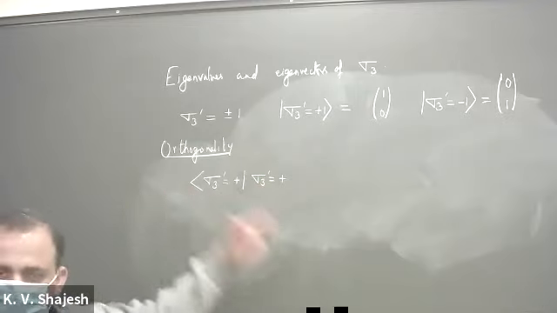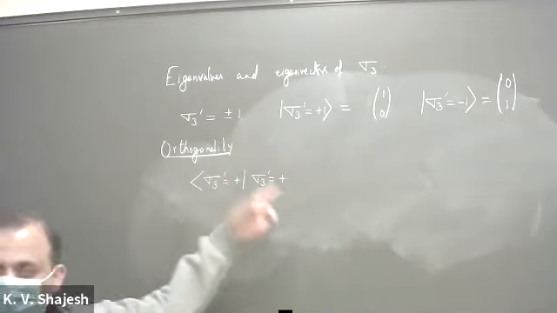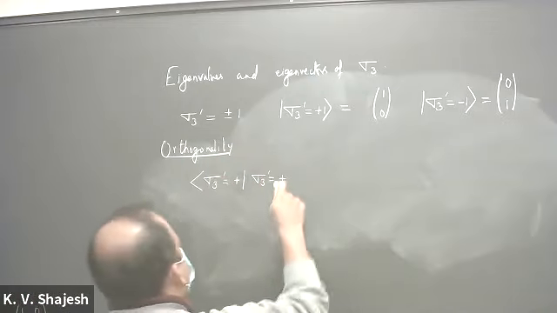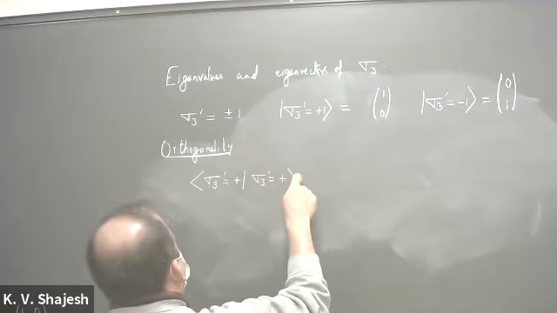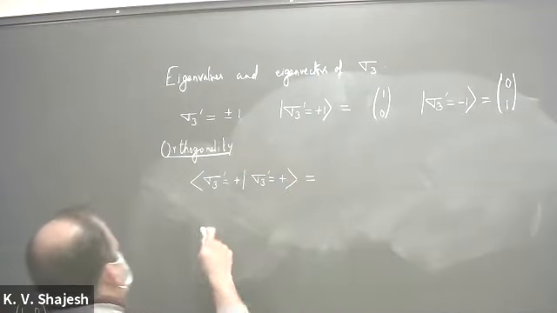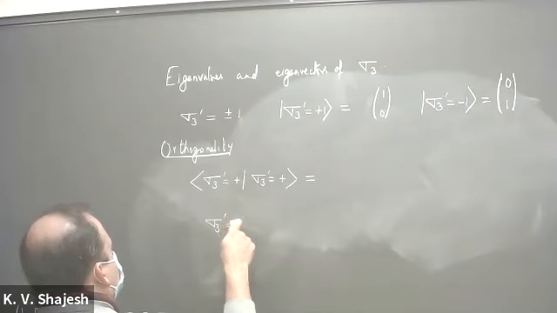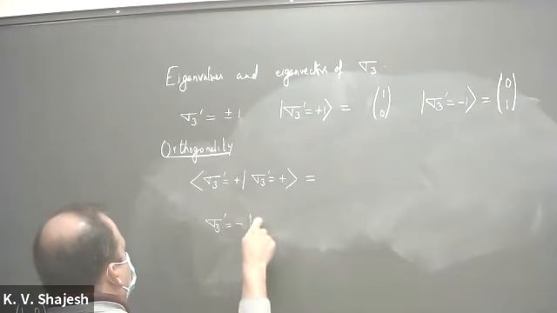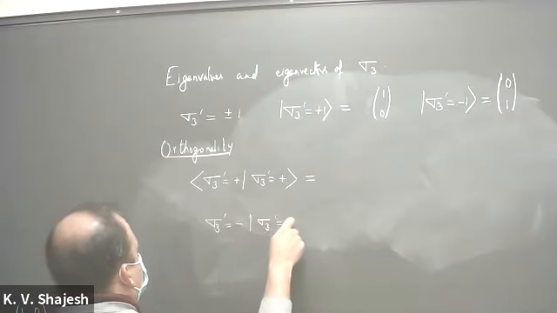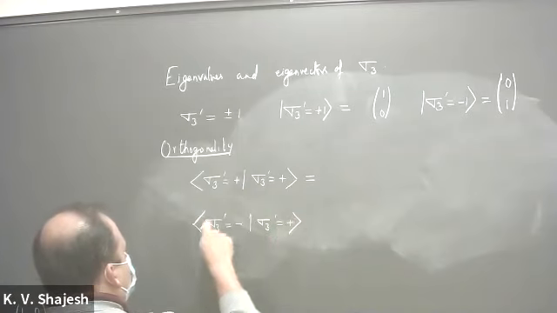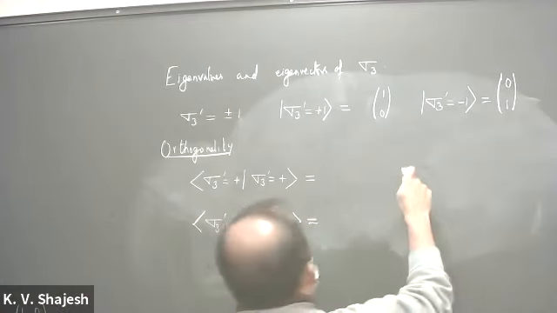If you allow me, I think there is no ambiguity if you don't write plus. What is that equal to? And let's also do sigma 3 prime is equal to minus 1.